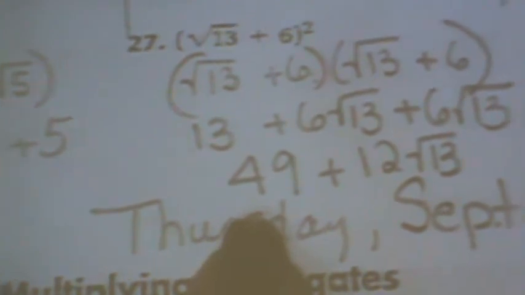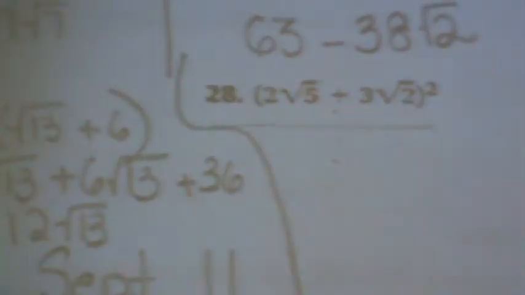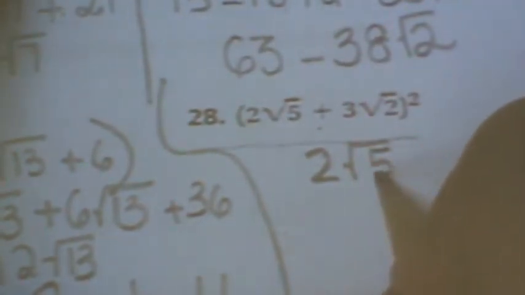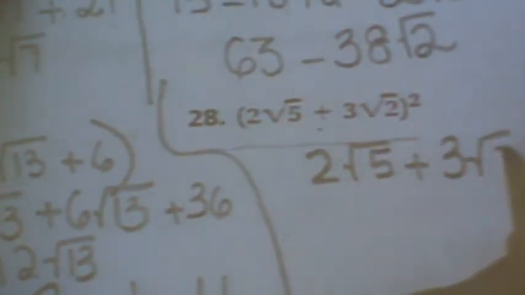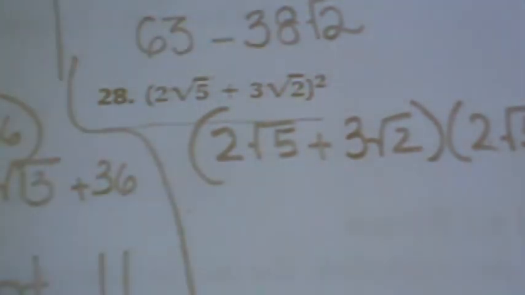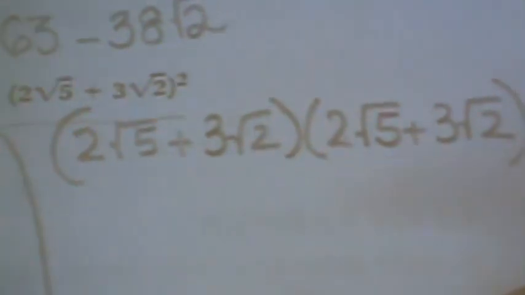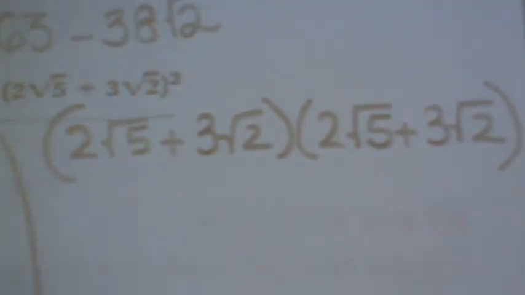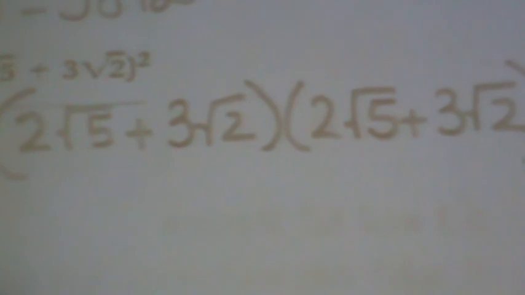Yay. And the last one, this is the hardest one. I'm gonna write 2 root 5 times 2 root 5, writing this twice. Okay, we're gonna FOIL.